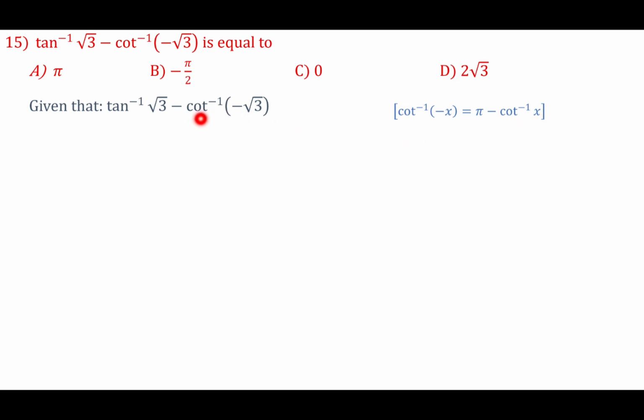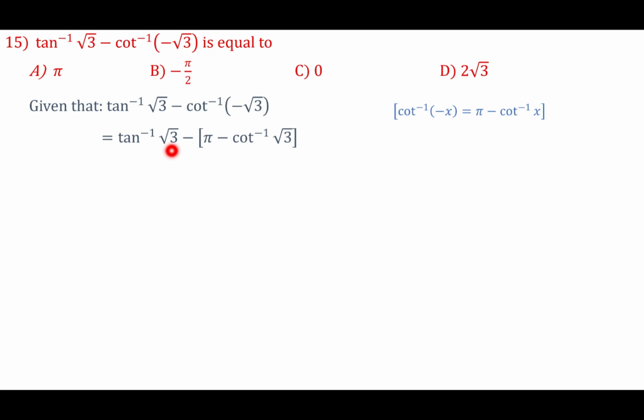So in place of cot inverse negative root 3, I will write pi minus cot inverse root 3. And this other part I'm going to write as it is. The negative sign is there, so I write the negative sign.